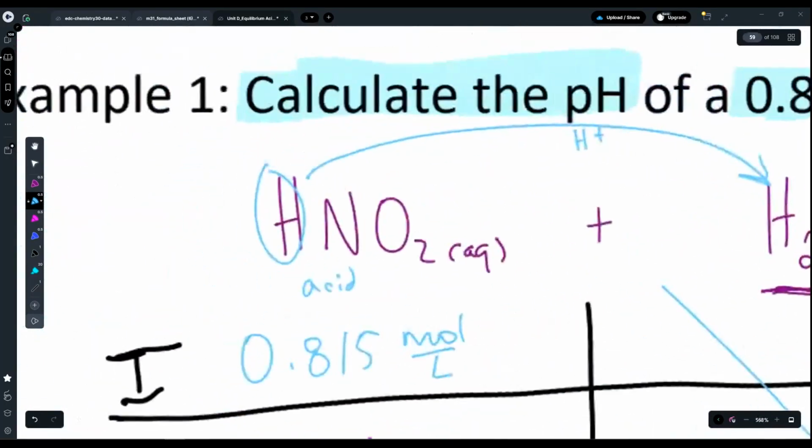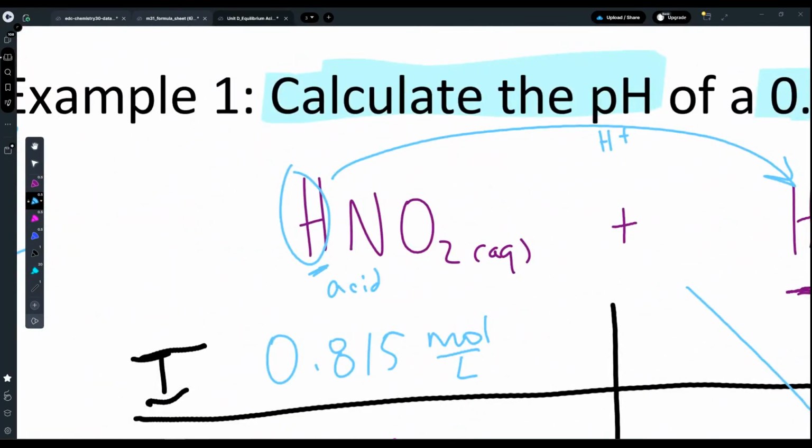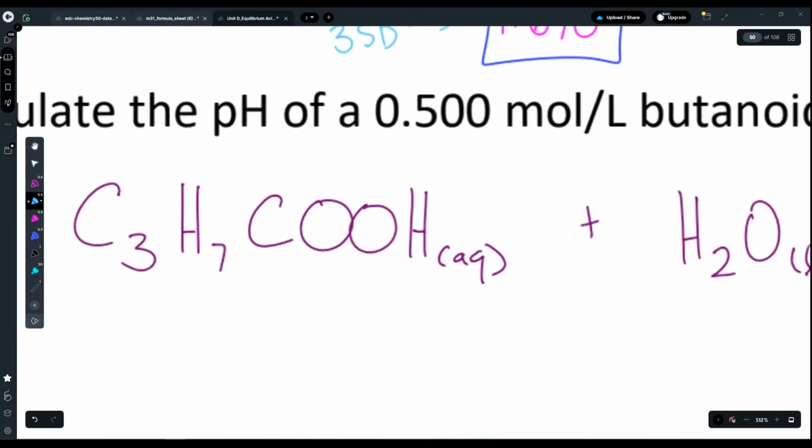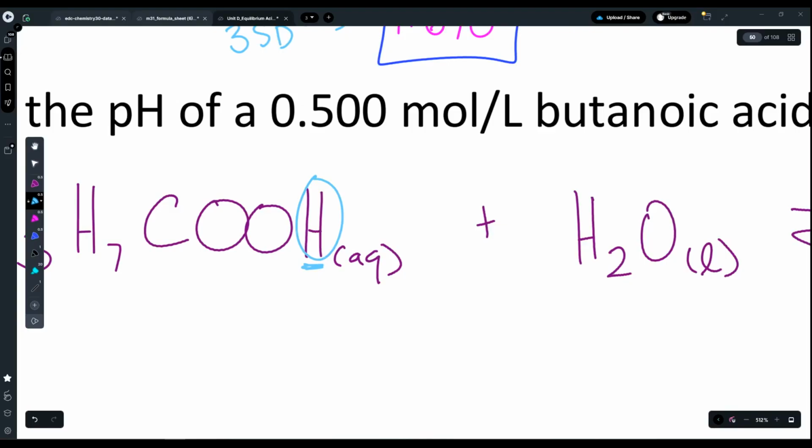So when we had nitrous acid, this was the acidic hydrogen. However, when you have a compound such as butanoic acid, the acidic hydrogen is going to be part of that COOH. Okay, so this is the actual hydrogen that is going to be transferred.